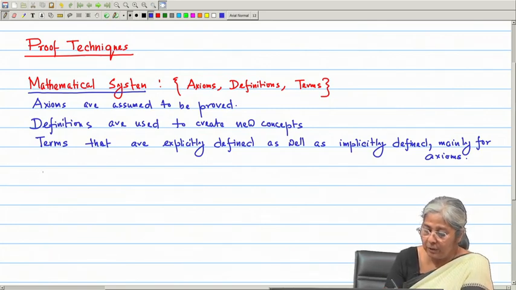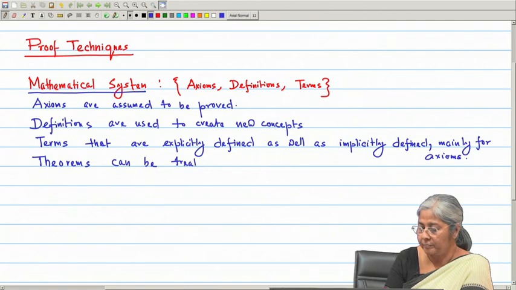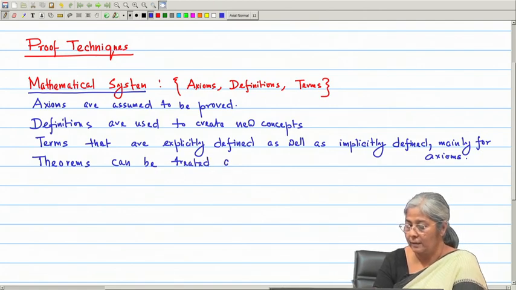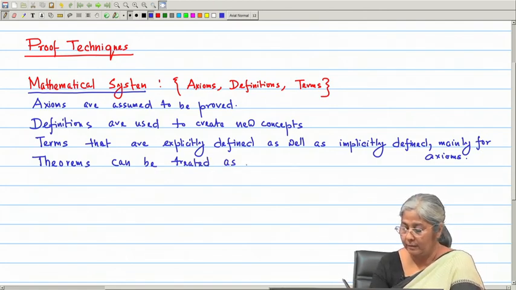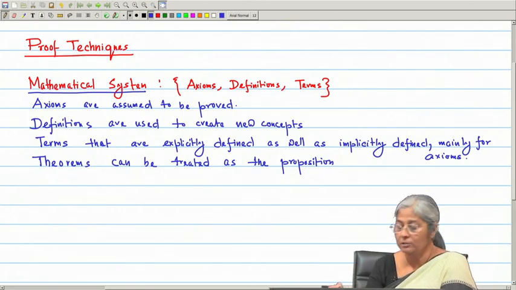So, theorems can be treated as propositions. Since we know the proposition, we have read in logic.